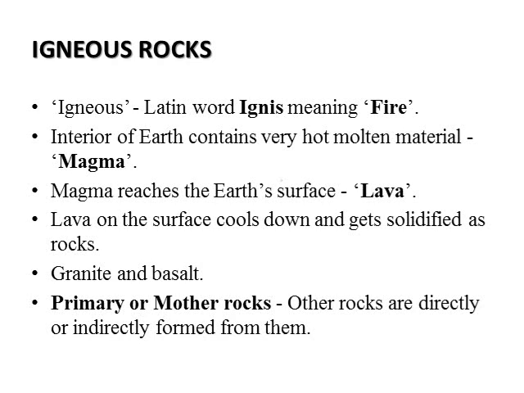When magma reaches the earth's surface during a volcanic eruption, it is called lava. When the lava on the surface cools down and solidifies, it becomes rock.